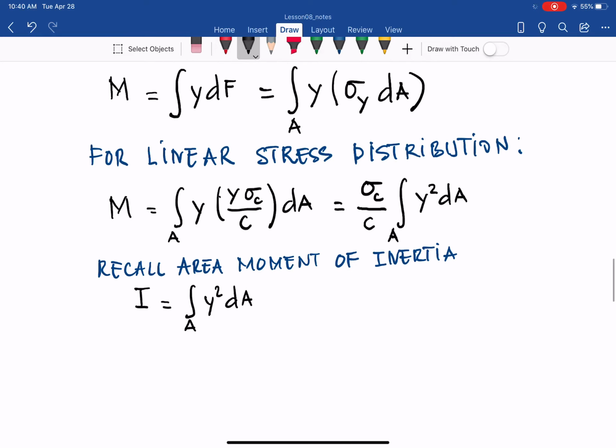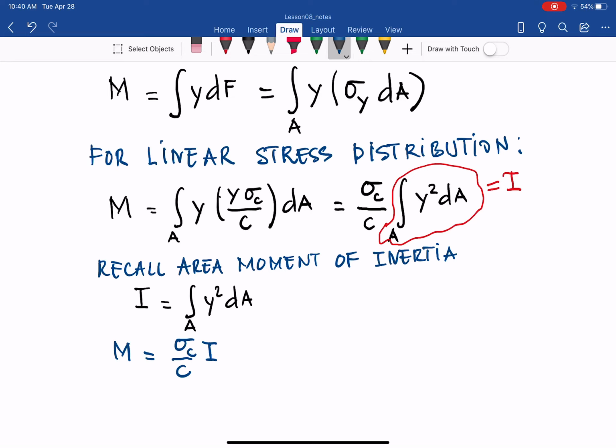So from that, we can rewrite the moment equation. The moment equation is M, and this portion now equals the area moment of inertia. So what we have here is M equals sigma c over c times I. That is the moment.